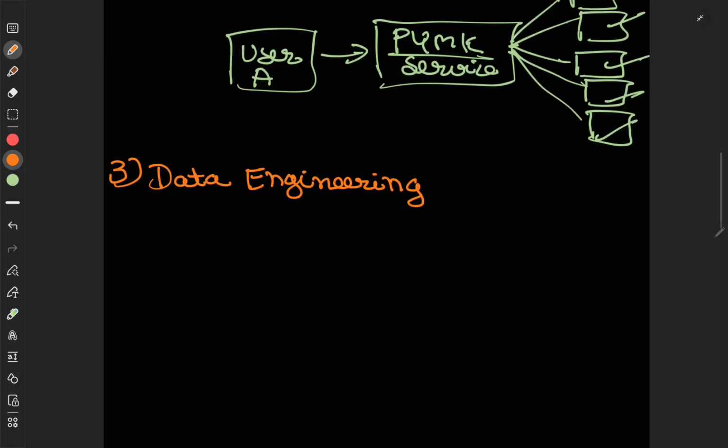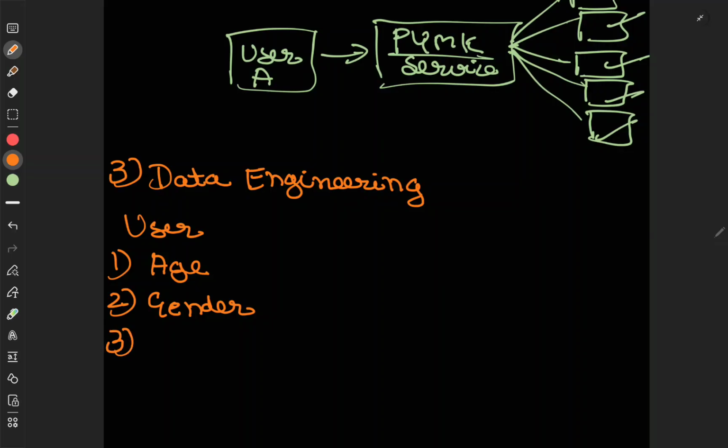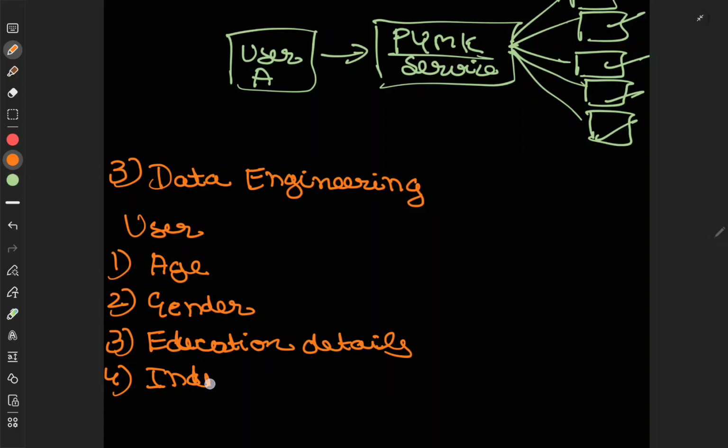So with respect to the user, you have his age, gender, his or her education details, then the industry that he works in, whether he works in software, whether he works in finance, in what particular field he is working in.